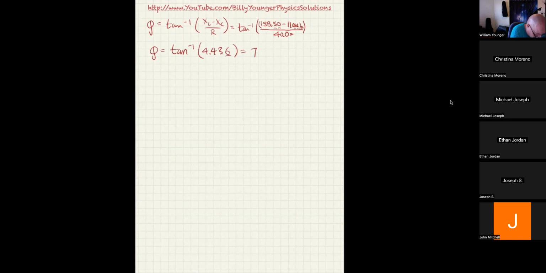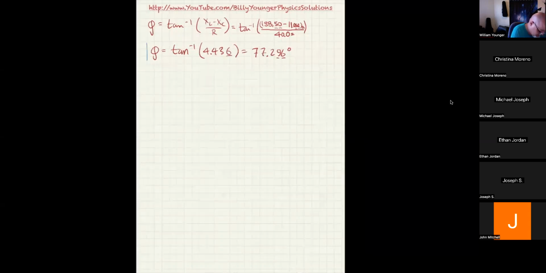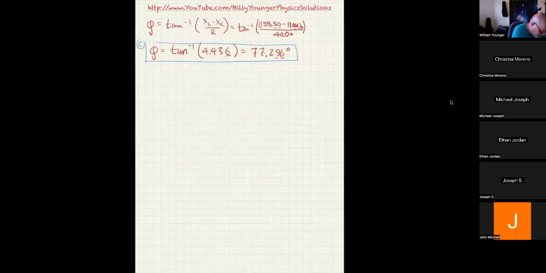This is a really big phase angle. 77.296. This is a 9. I really should put 2 on there because otherwise I'd make it bigger. So it's 77.296 degrees is what the phase angle is, and that's part C. Any questions on that part?